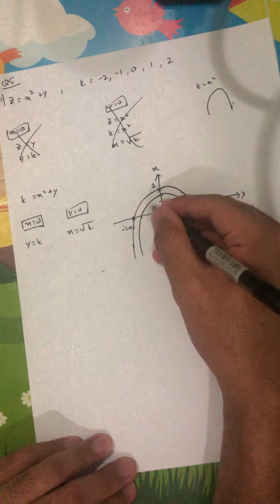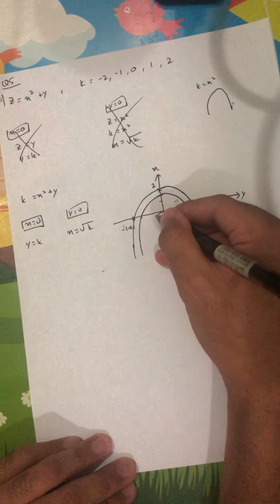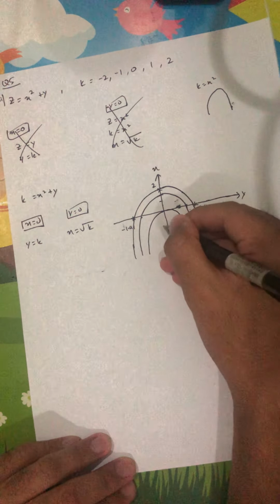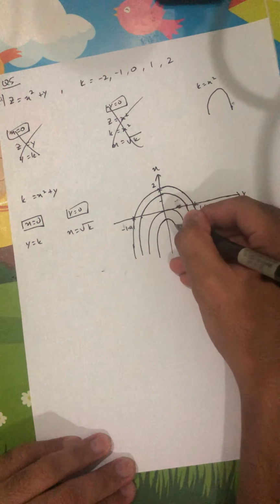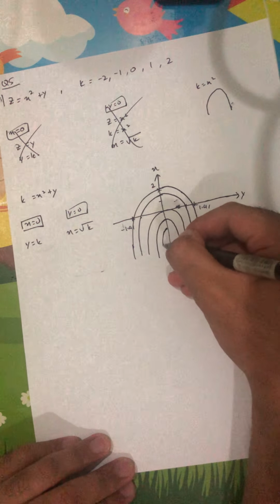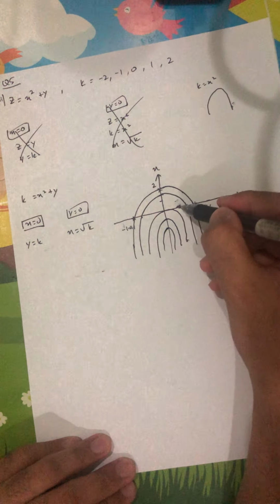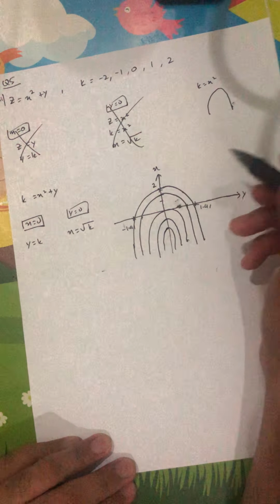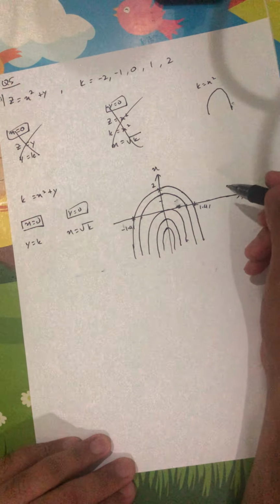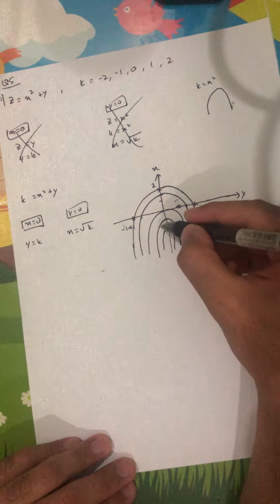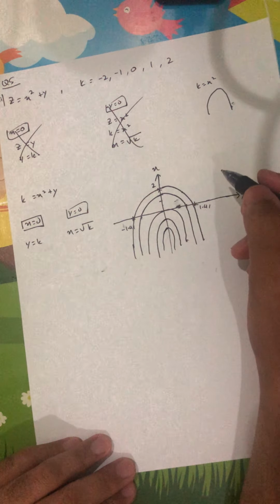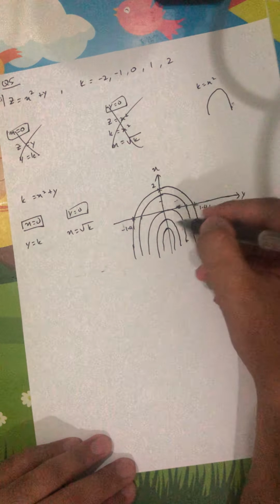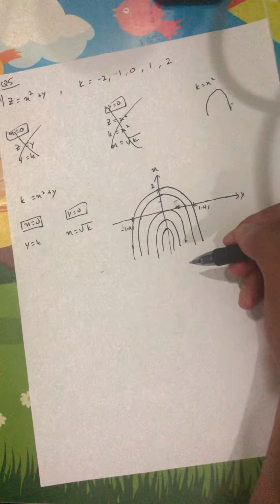And this is not an accurate drawing on the basis of the intersection points, okay, but the shape is correct, right? So it will look something like this, okay.